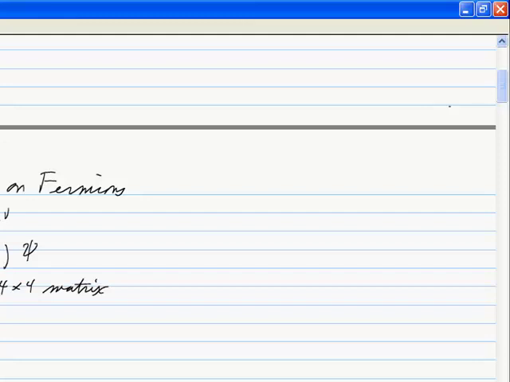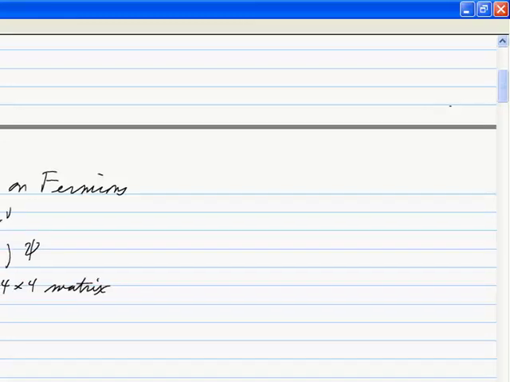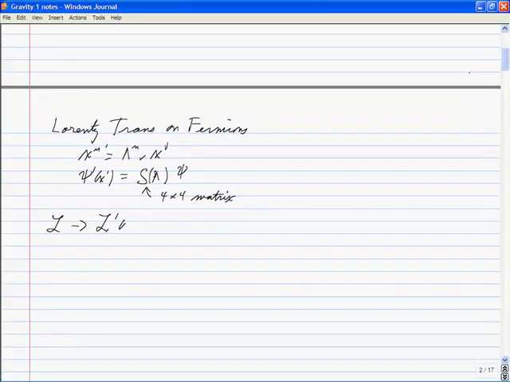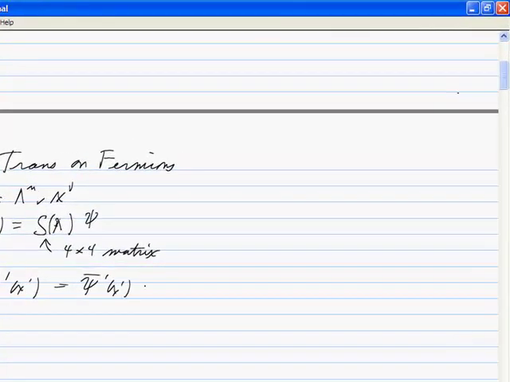If you want the Lagrangian to go to Lagrangian prime, x prime is ψ̄'(x') (iγ^μ ∂'_μ - m) ψ'(x').